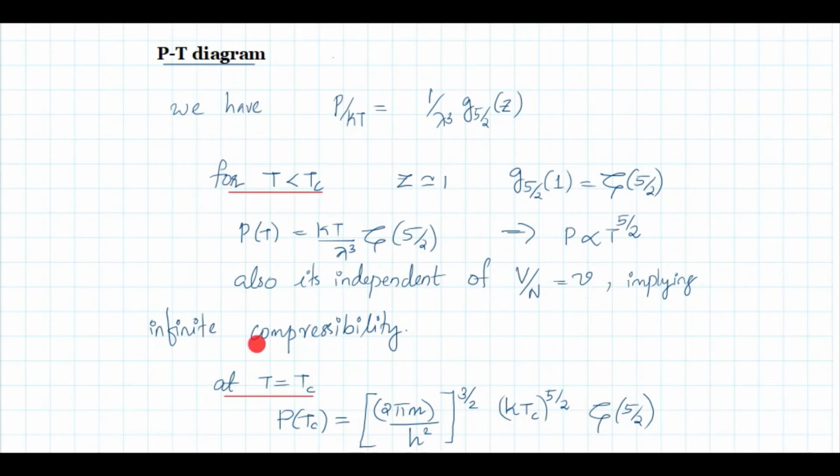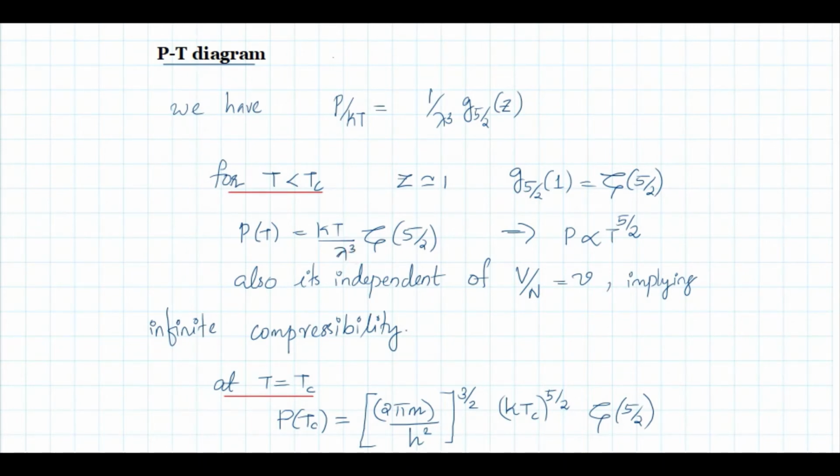So you can increase pressure to any value. That means infinite compressibility. Now, at T equal to Tc, you can substitute this T as Tc. Then P of Tc equal to 2 pi m by h square raised to 3 by 2 k Tc raised to 5 by 2 theta of 5 by 2. This is obtained by putting the value of lambda cube and replacing T with Tc.